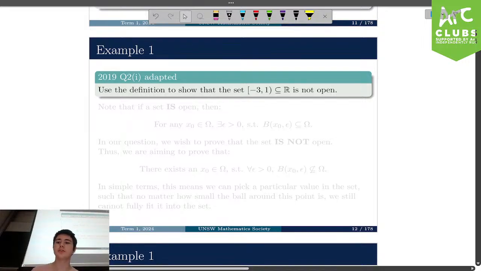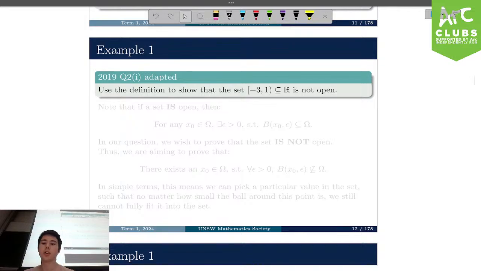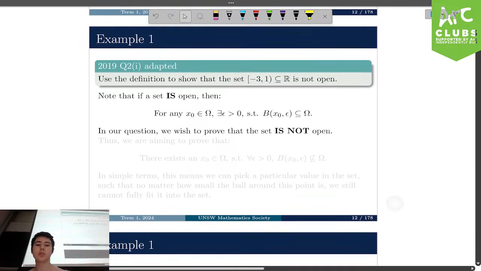All right, so diving into another example from the 2019 paper, we want to use the definition of sets and openness to show that this set given by -3 to 1, which is a subset of the real numbers, is not open. So what do we do? We want to disprove this statement, okay?